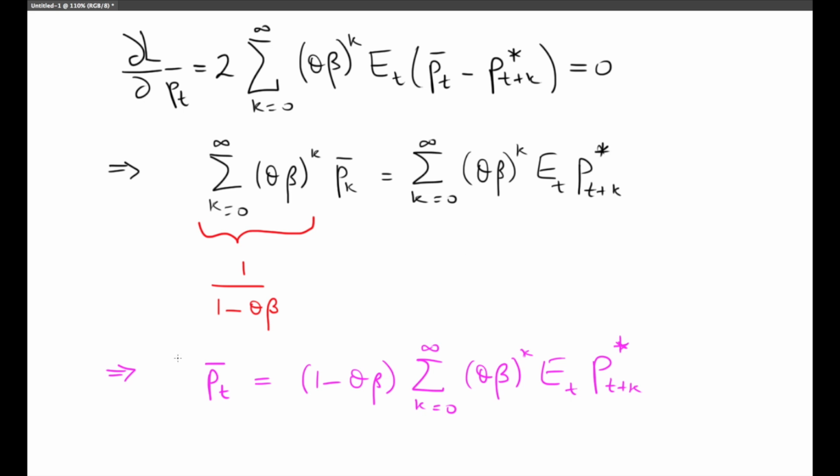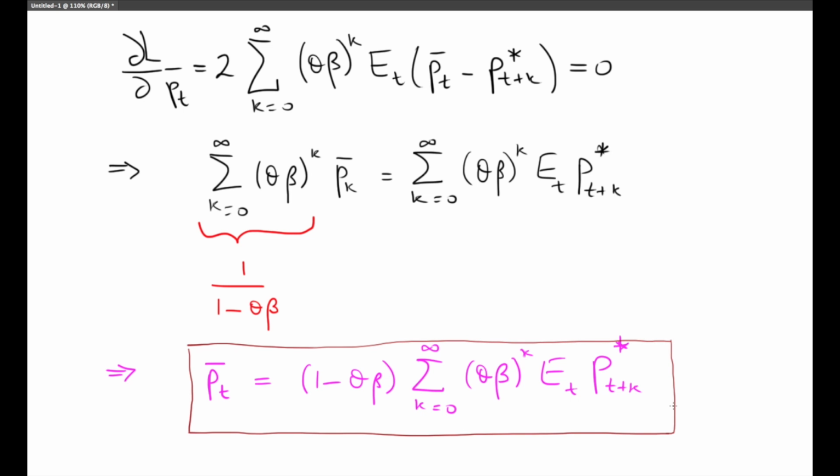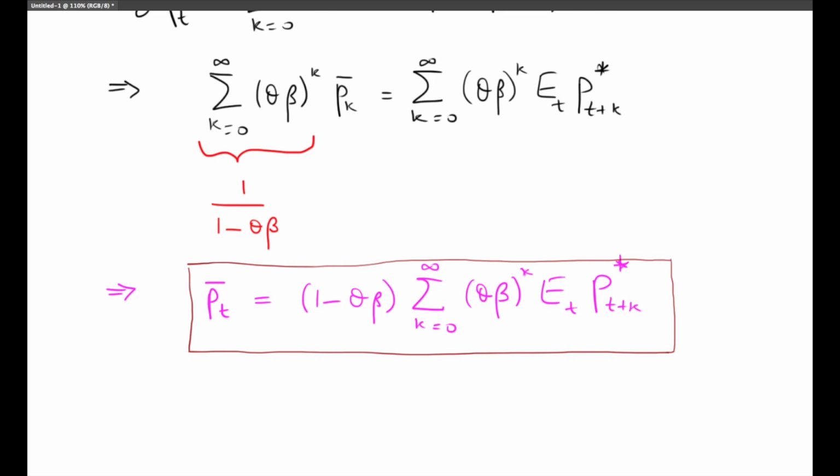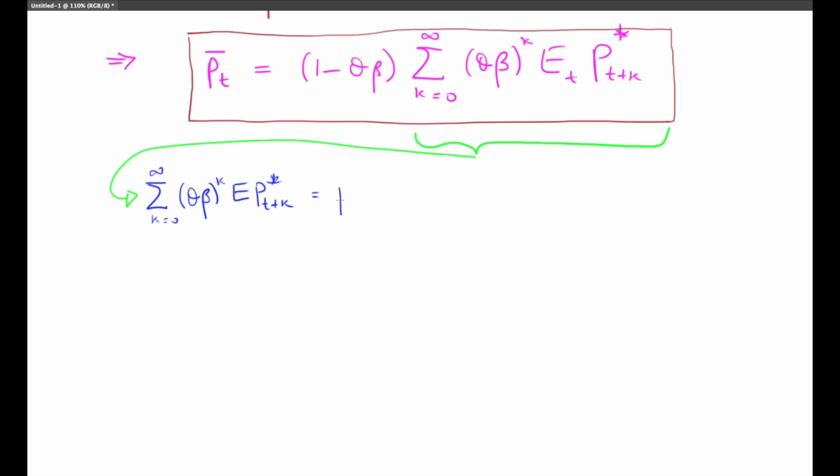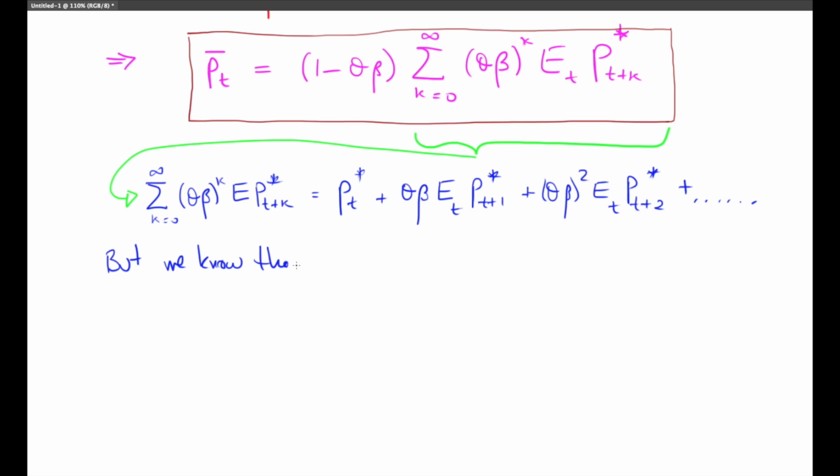So basically what we have is the final optimal level of price defined by every firm. So let's analyze a little bit this right hand side expression. We can extend this expression and we will see in a few seconds that part of that is known.